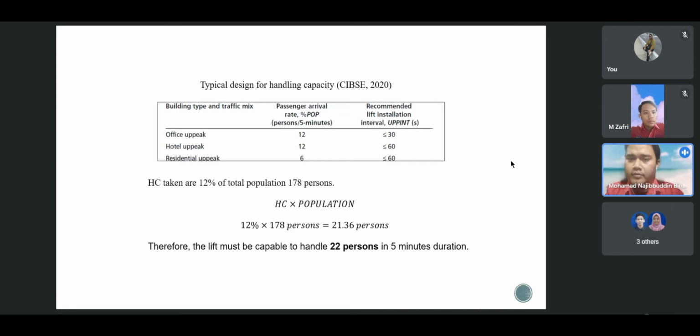Hotel handling capacity taken is 12% of the total population, 178. So this formula can be seen below, and the value that we get is 21.36, which rounds up to 22 persons in a 5 minute duration that this lift must be capable of handling.